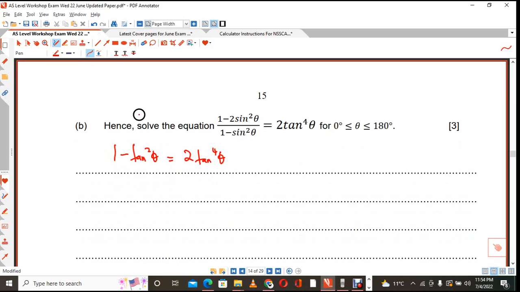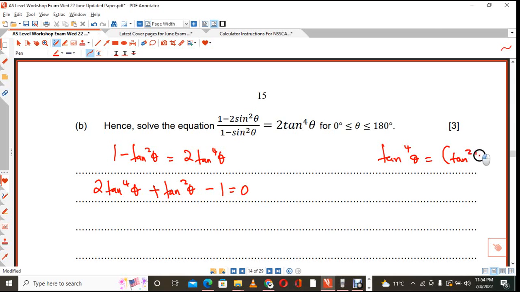All right, so again, this gives you 2 tan to the power 4 theta plus tan square theta minus 1 is equal to 0. Something else that I need to bring to your attention is that this is exactly the same as that.